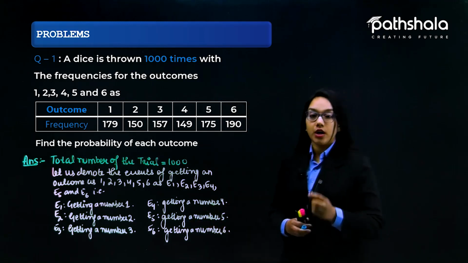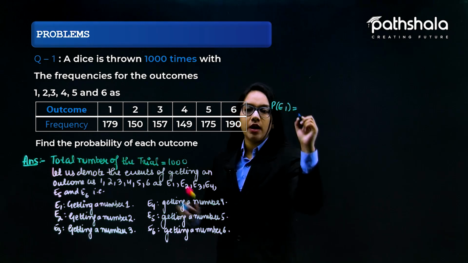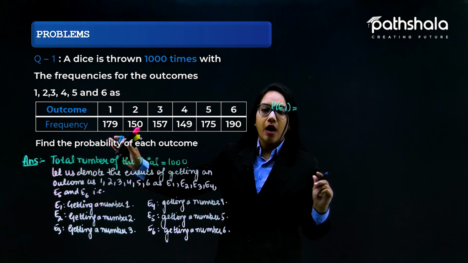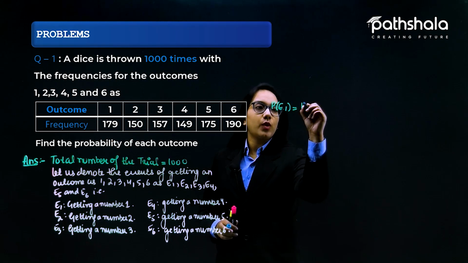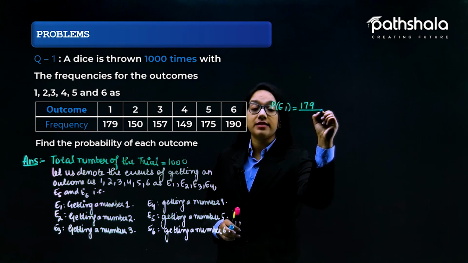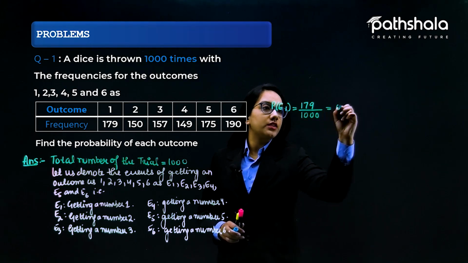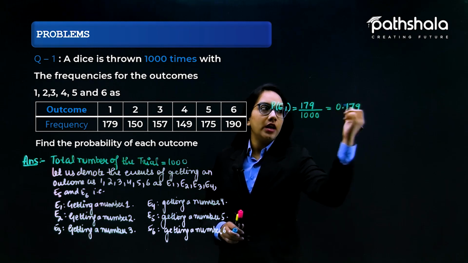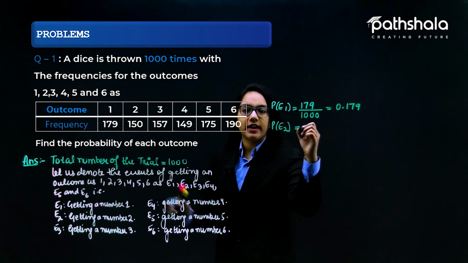So first of all, the probability of E1, getting a number 1. As you can see, the frequency of outcome 1 is 179. So this is 179 divided by the total number of trials, 1000, so the answer is 0.179. Now let's talk about the probability of E2, getting a 2.